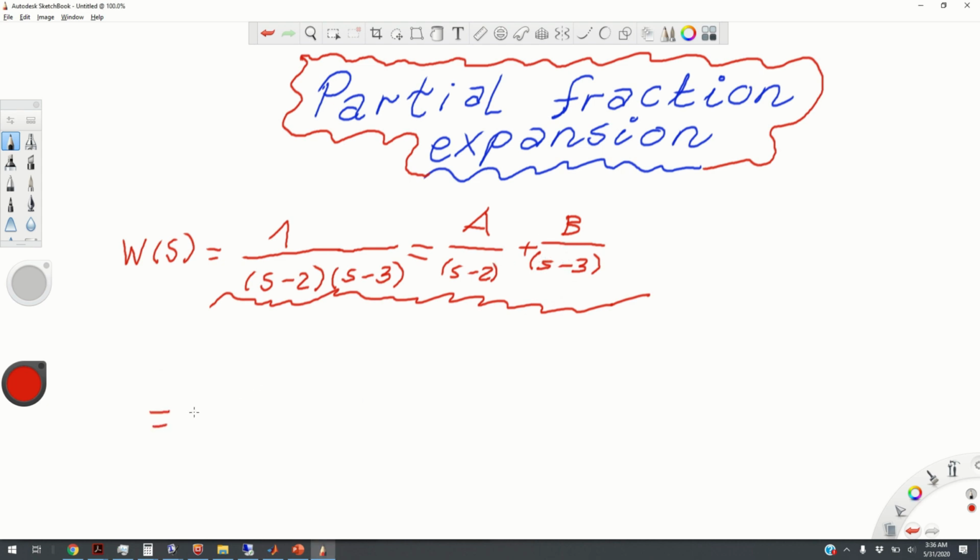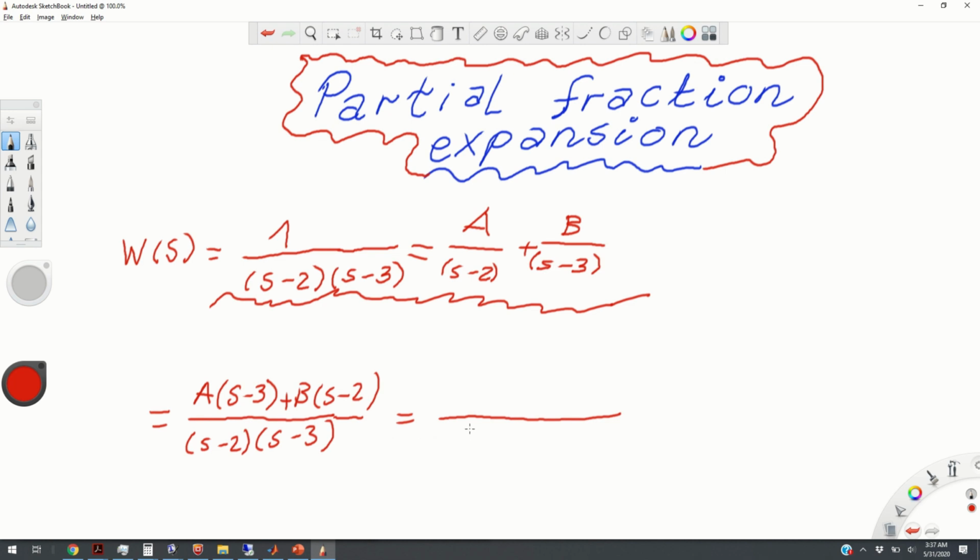We are going to write it down as a denominator (s minus 2)(s minus 3), and then in the numerator A multiplying (s minus 3) plus B multiplying (s minus 2). If we expand such expression and group the terms together, we are going to obtain something that looks like this.